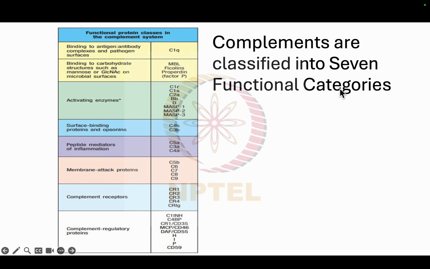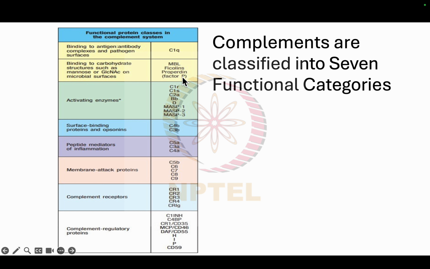So complements are classified into 7 functional categories. Functional protein classes in the complement system: binding to antigen antibody complexes and pathogen surfaces, example C1q; binding to carbohydrate structures such as mannose or N-acetyl glucosamine on microbial surfaces, which are mannose binding lectins, ficolins, and properdin.